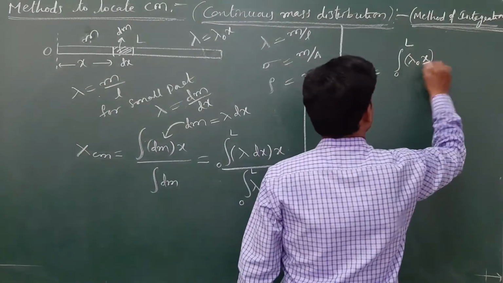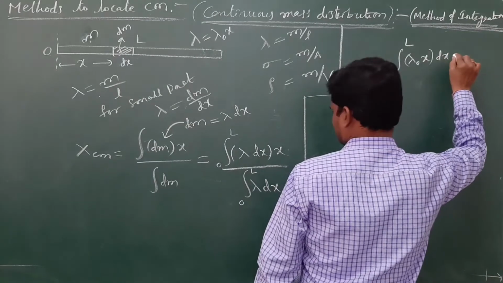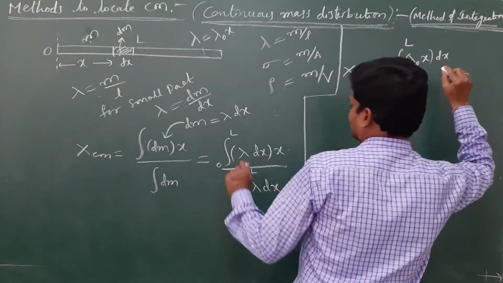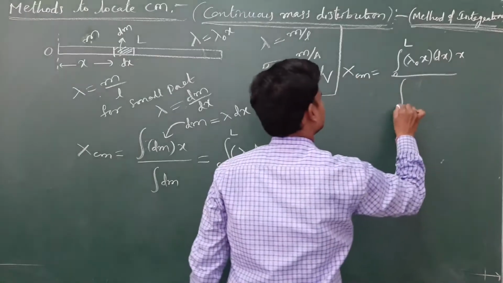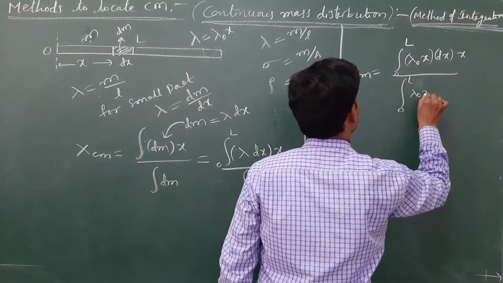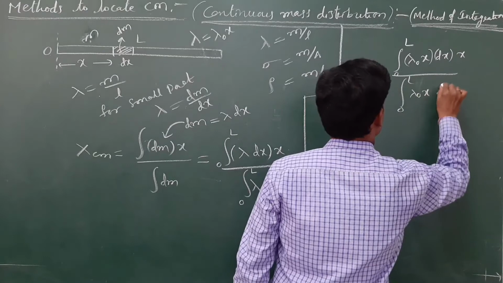Let me write it in the next step. Lambda is lambda naught x dx, and this is x, over 0 to L lambda naught x dx.